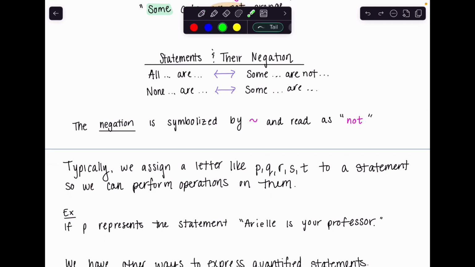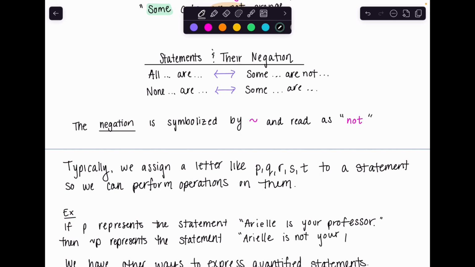If P represents the statement Ariel is your professor, then not P is going to represent the statement Ariel is not your professor, where again I do not change the subject matter, so it is still Ariel, but is needs to switch over to is not. So this would be the negation of that statement.